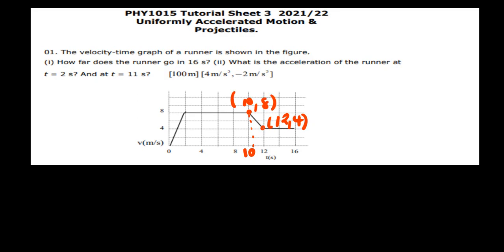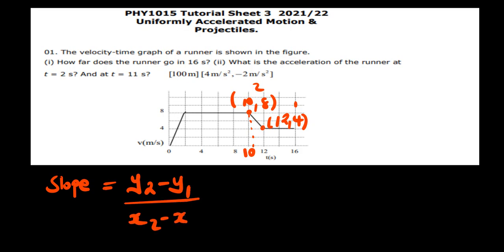Okay, let's go. This is 1, this is 2. So how do you find the slope? We know that the slope will just give us the gradient, right? So the slope will be equal to y2 minus y1 over x2 minus x1. That will be the gradient.